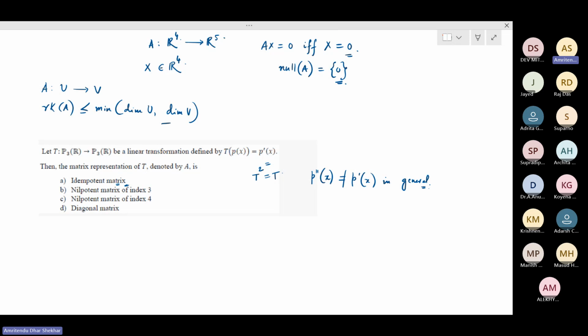So in particular, if you take the operation four times, let's say P k denotes the kth derivative of x.